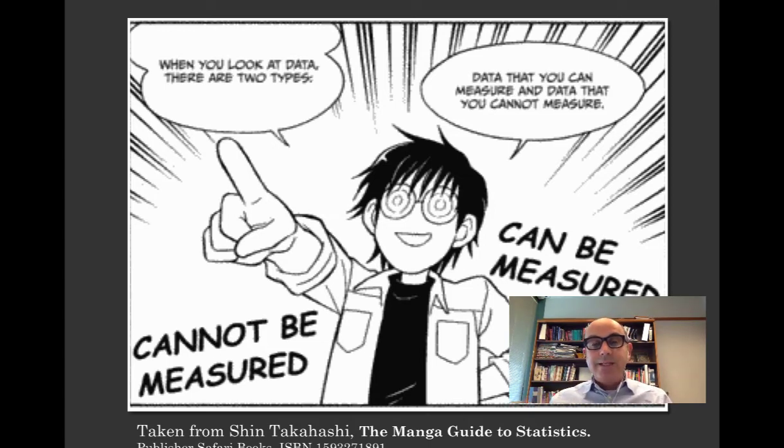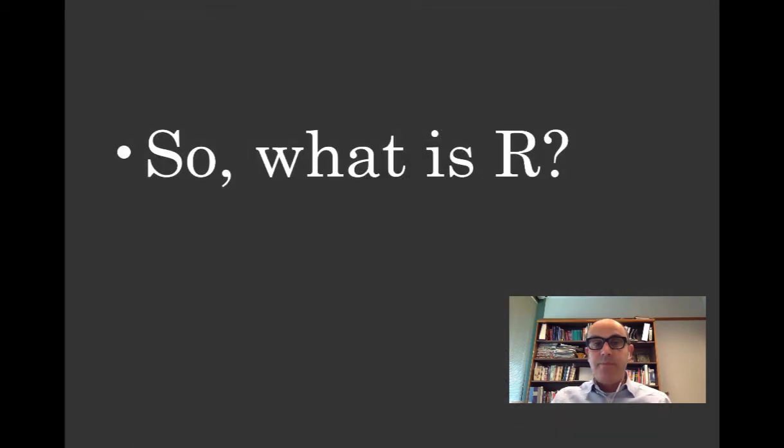One of the things that she highlighted in the beginning is what cannot be measured and can be measured. When you look at data, there are always two types: data that you can measure and data that you cannot measure. And this is something that we will face throughout the semester.